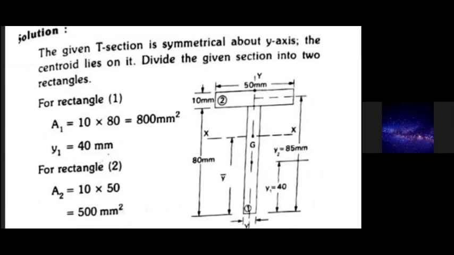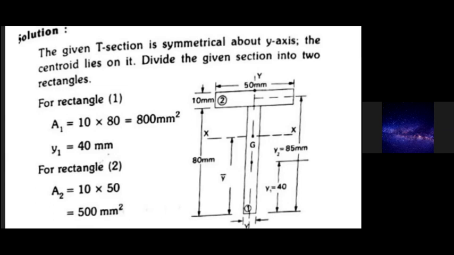The dimension of the vertical rectangle: the uniform thickness is 10 mm and the vertical height is 80, and the horizontal length of the flange is 50 mm. So rectangle 1 is 10 into 80, and rectangle 2 is 50 into 10.